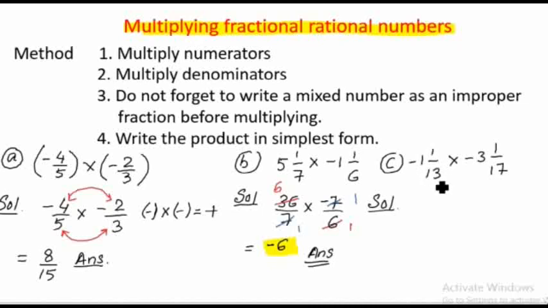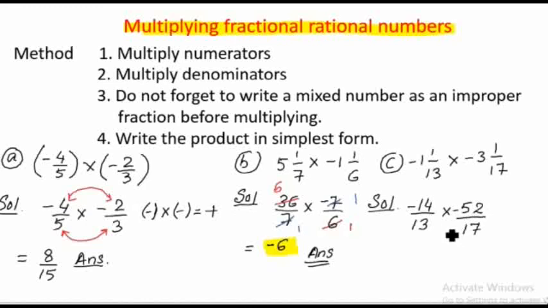So 1 into 13 is 13. 13 plus 1 is 14. So minus 14 upon 13 into, here 3 into 17 is 51, 52 upon 70.